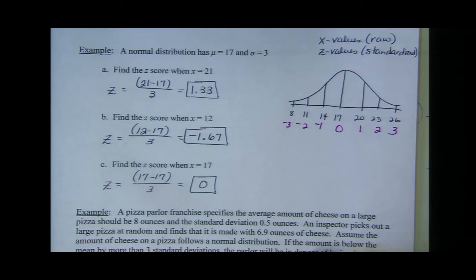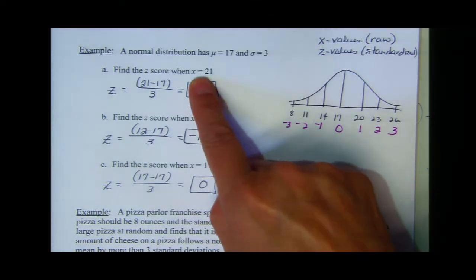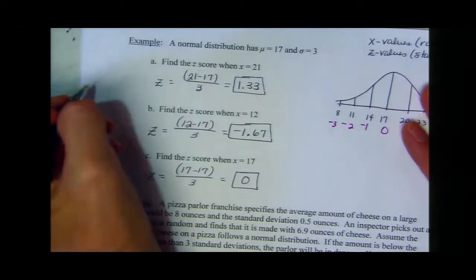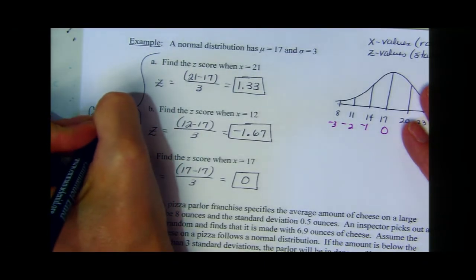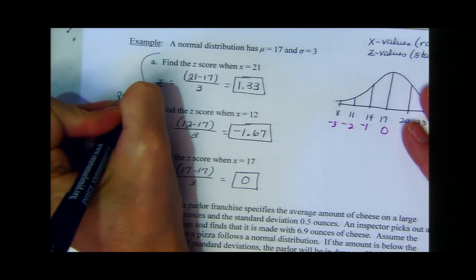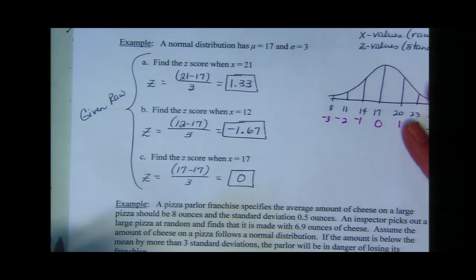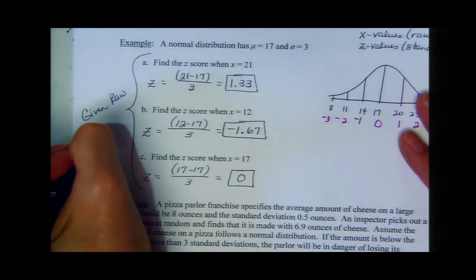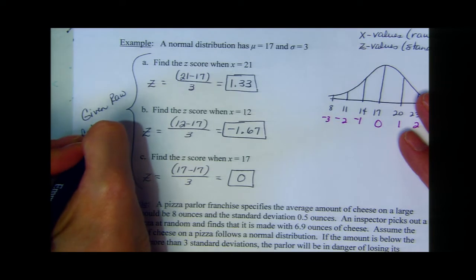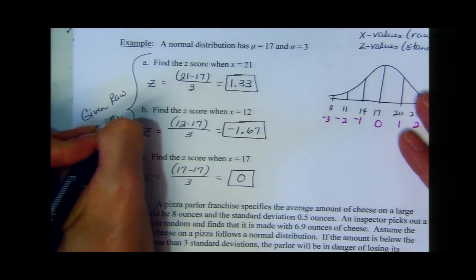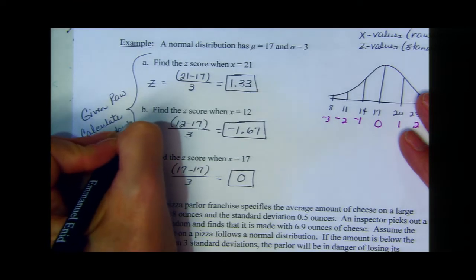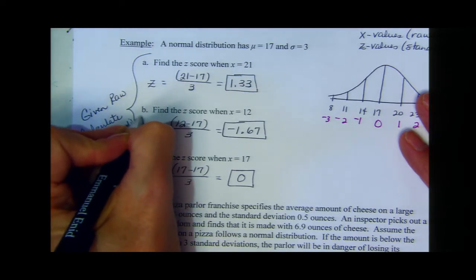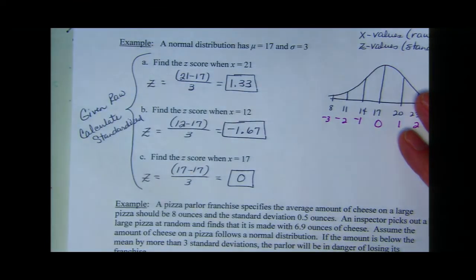So this is when we were given the raw score. For all of these examples, we were given the raw score, and we were asked to calculate the standardized. So that's one way you will do it.